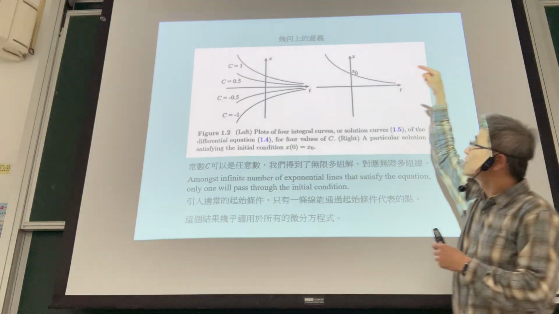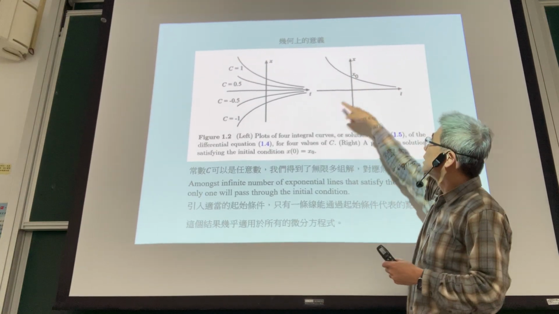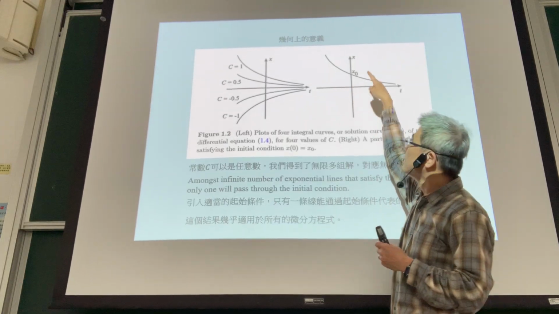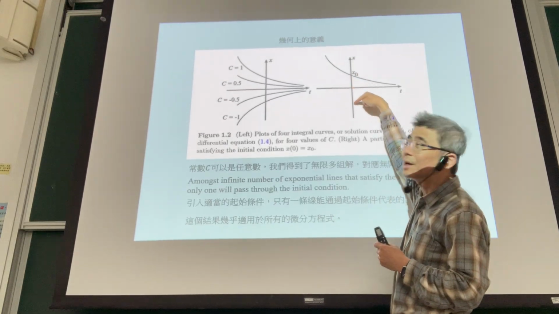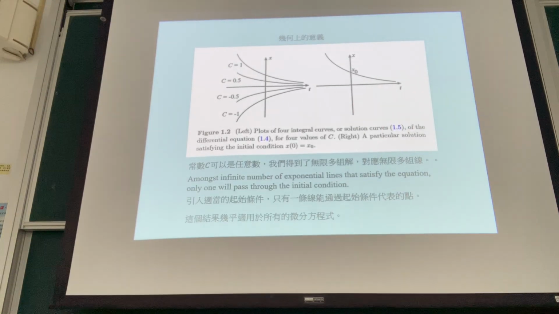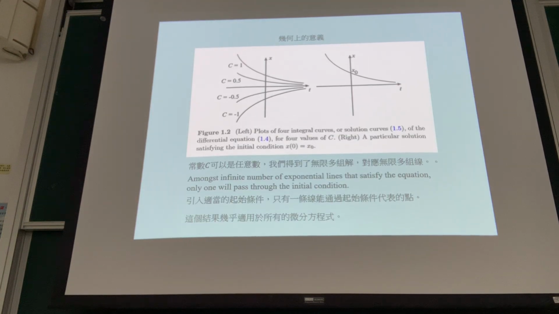But if I fix the initial condition, that is, I tell you that at t equal to 0 the function has to be here instead of here, instead of here, then there's only one line that will pass, isn't it? Only one. Couldn't be two, couldn't be three. And it has to be one.